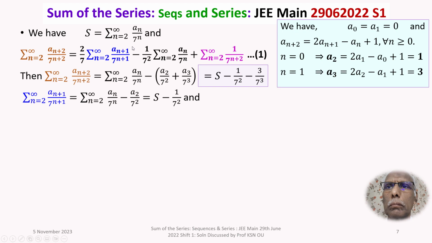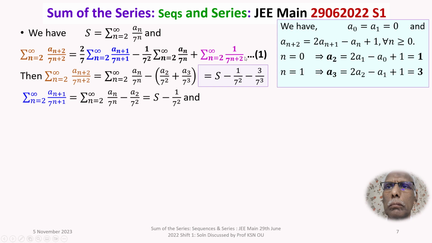So from S you have to subtract the first term, a2 by 7 square, and a2 we have already computed, that is 1. So this is S minus 1 by 7 square.